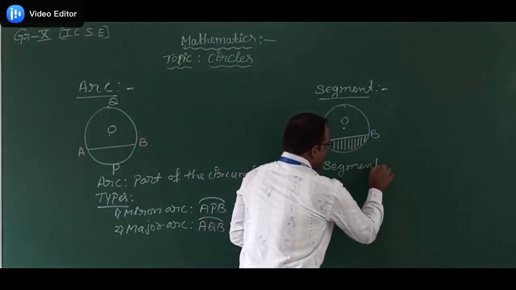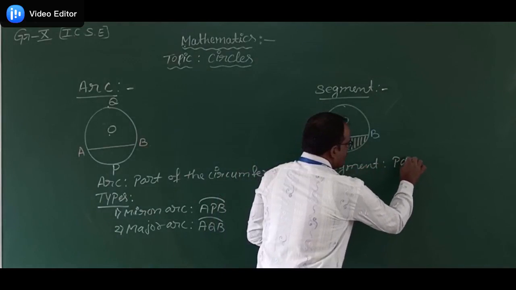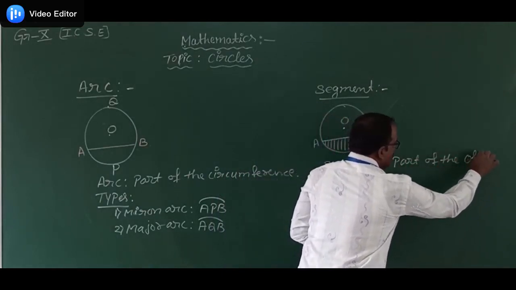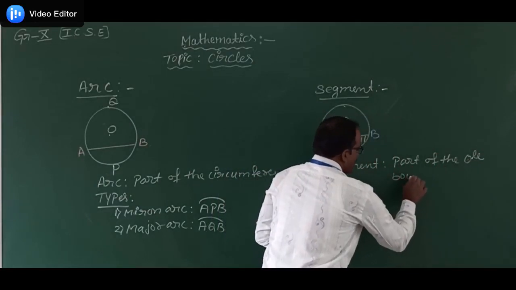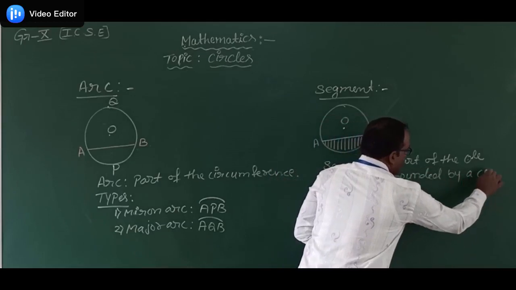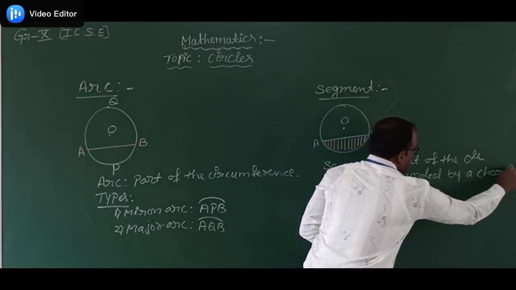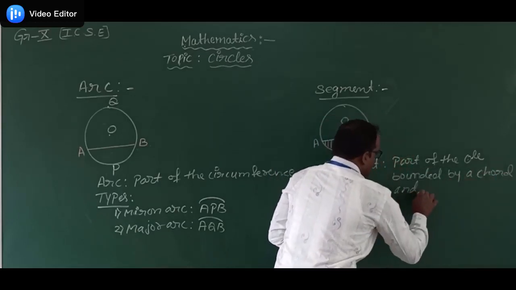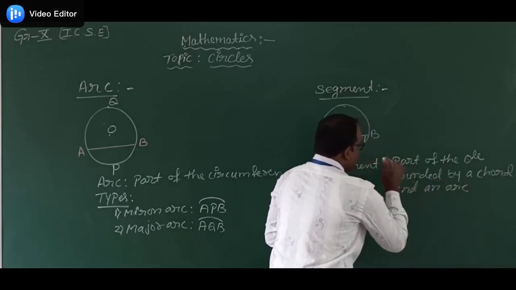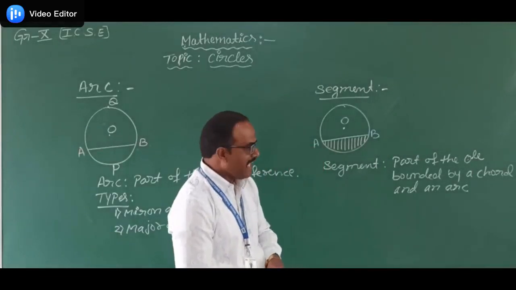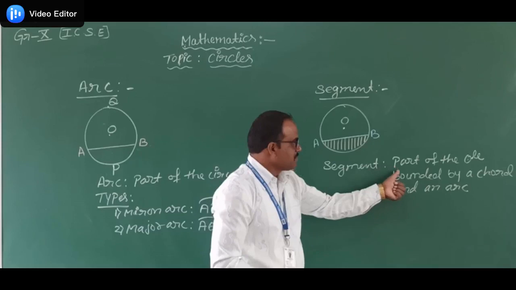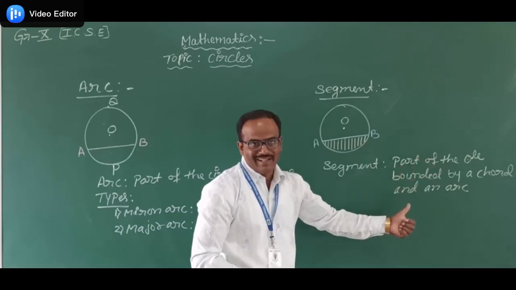Segment is the part of the circle which is bounded by a chord and an arc. Once again, the segment is the part of the circle which is bounded by a chord and an arc.